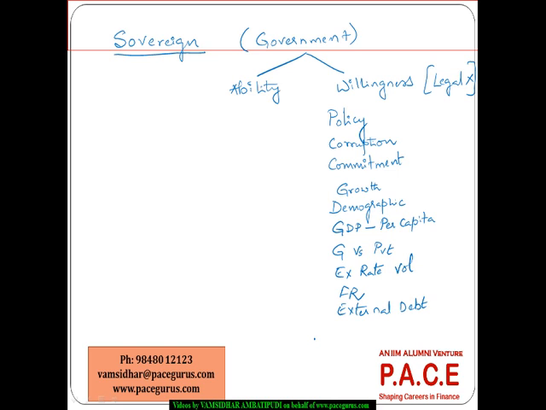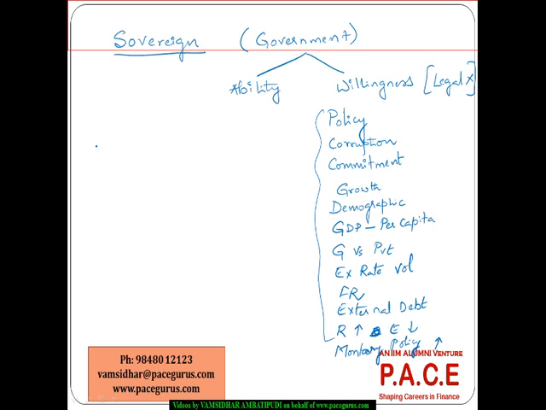From a fiscal perspective, what are the options for the government to increase revenue or decrease expenditure, right? And what is the trend observed there? And finally, what is the flexibility that the government has with respect to monetary policy? All these things play a very key role in assessing the ability as well as the flexibility of the country.